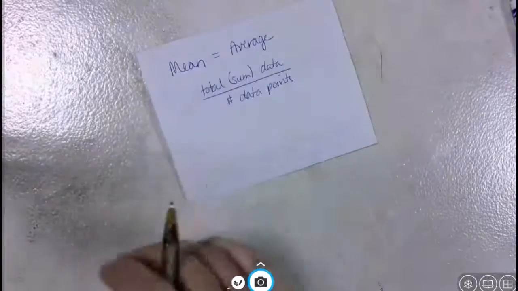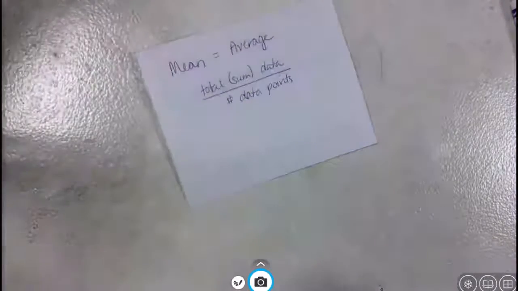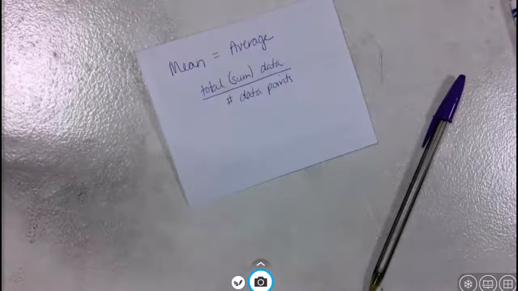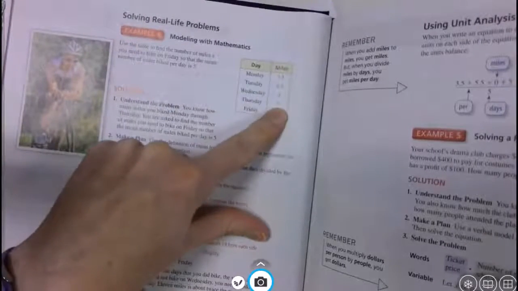So for example, I'm going to show you the example that's actually in your textbook for this. Okay, so here's the example that's in your textbook. So it says, use the table to find the number of miles you need to bike on Friday so that the mean number of miles biked per day is 5. Well, here they're giving us some information.